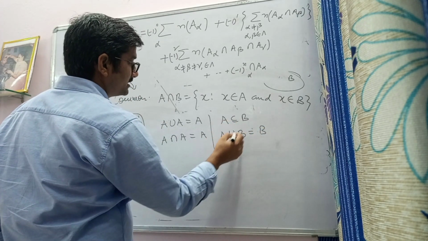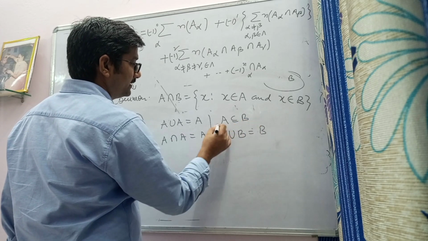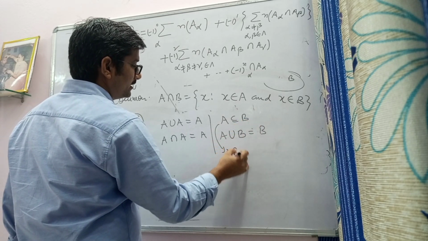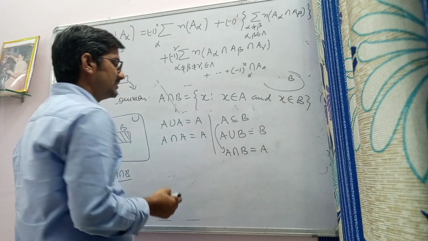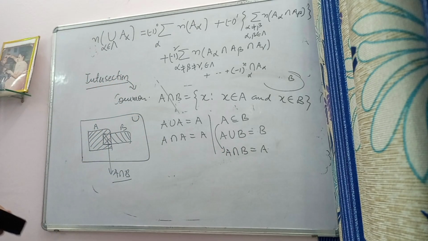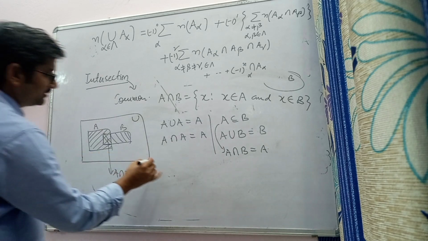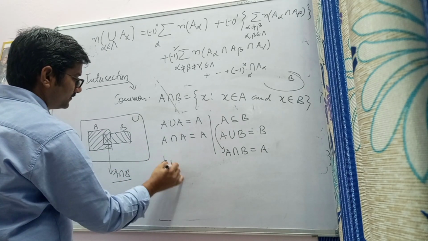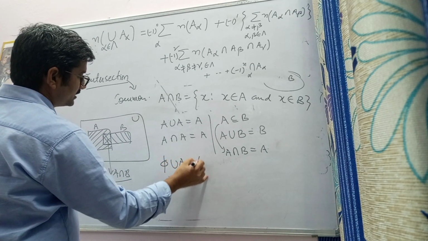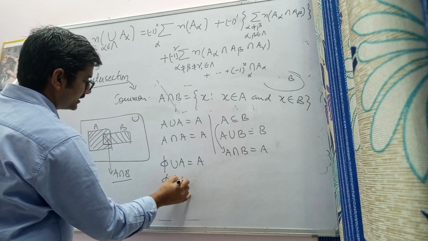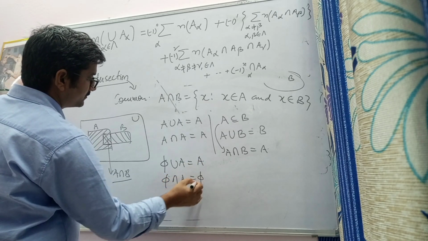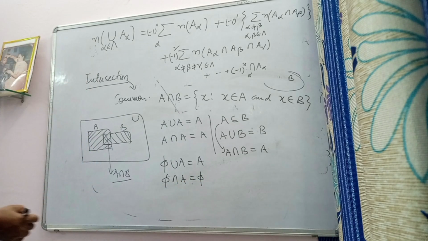But if A is a subset of B, then A intersection B is A, meaning the intersection is the smallest set. If you take phi, then phi union A is A, and phi intersection A is phi, because phi is the smallest set. Phi is a subset of all sets.